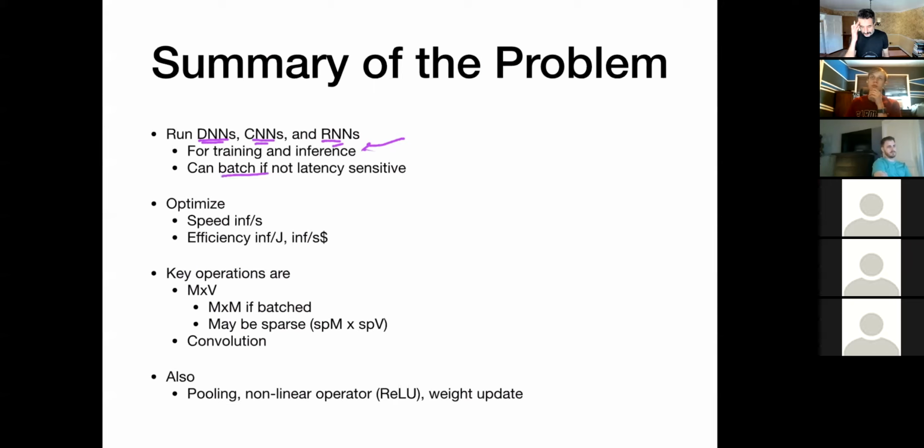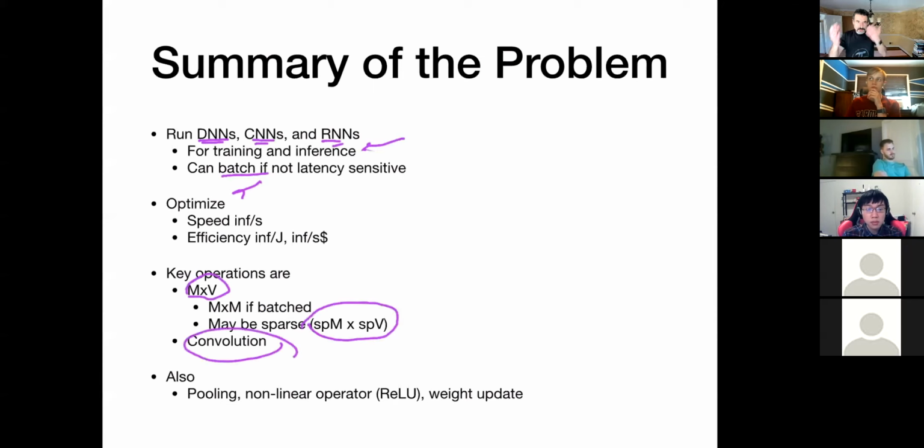Batch size, which we need to optimize. We have some basic operations, these matrix-to-vector operations. Maybe we can do a sparse operation for convolution, and we discussed memory versus arithmetic operations and other stuff. So let's stop here.